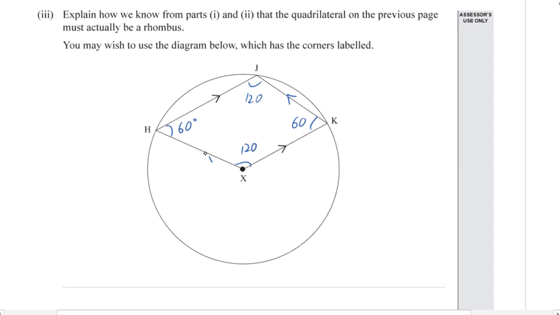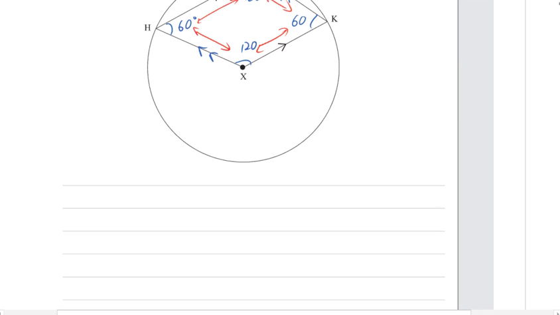Why does that say that those two sides are parallel? We worked out 60 because these two are co-interior and those two are co-interior. Are they co-interior the other way? Yeah, so because they're co-interior the other way, they are also parallel.